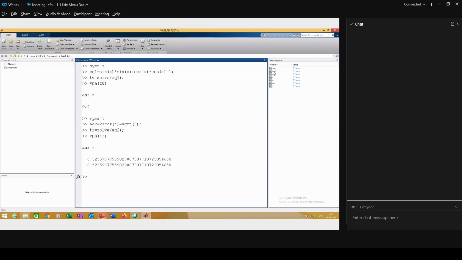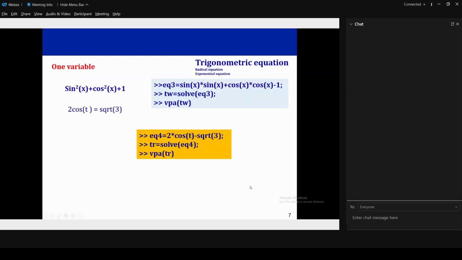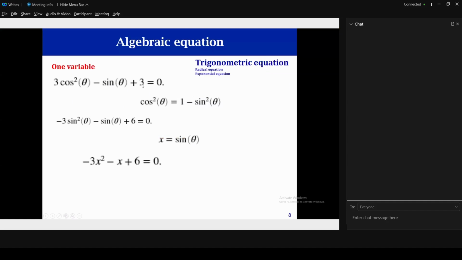Let's say another way: we can even convert a trigonometric equation into a polynomial in a variable. For example, if you have an equation like 3 cos square theta minus sine theta plus 3 is equal to 0, we know that cos square theta plus sine square theta is equal to 1. So if I substitute cos square theta is equal to 1 minus sine square theta, I get this equation converted into this form.